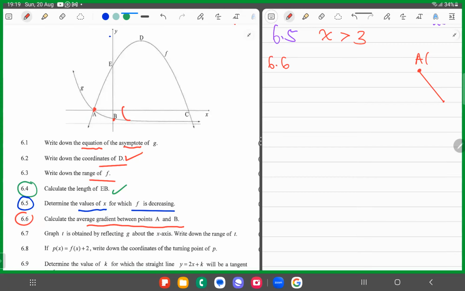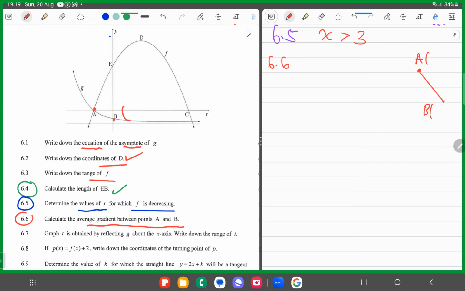What are the coordinates of the point B?